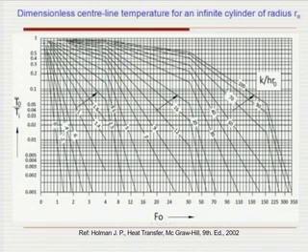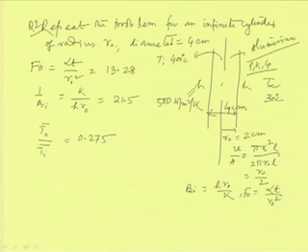For a Fourier number of around 13 point something, we go to the line for 1 by Biot number 21.5, and from there T naught bar by Ti bar comes to roughly 0.275.